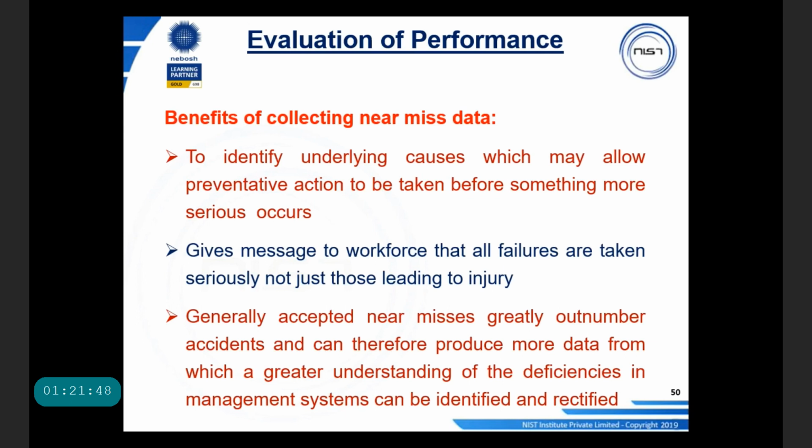To prevent accidents. Okay. So near misses can tell you what could go wrong in the future, right? It happened, but did not result in an accident. But from that near miss, you're able to understand how it could have resulted in an accident. So if you take corrective action, you're able to prevent that future accident. Okay, good.